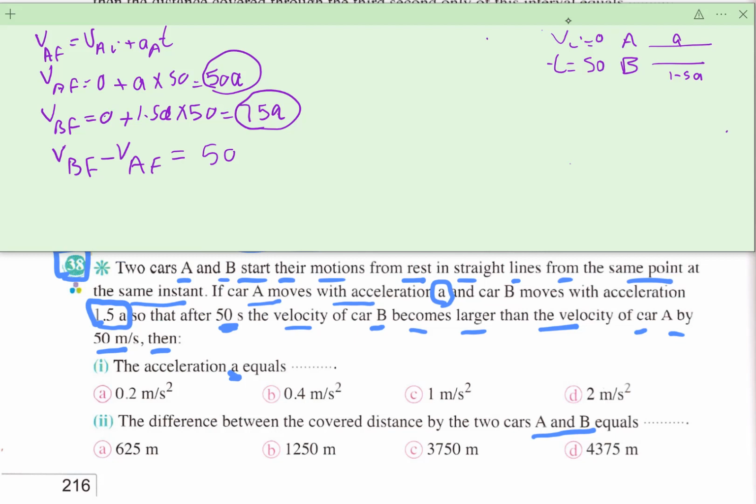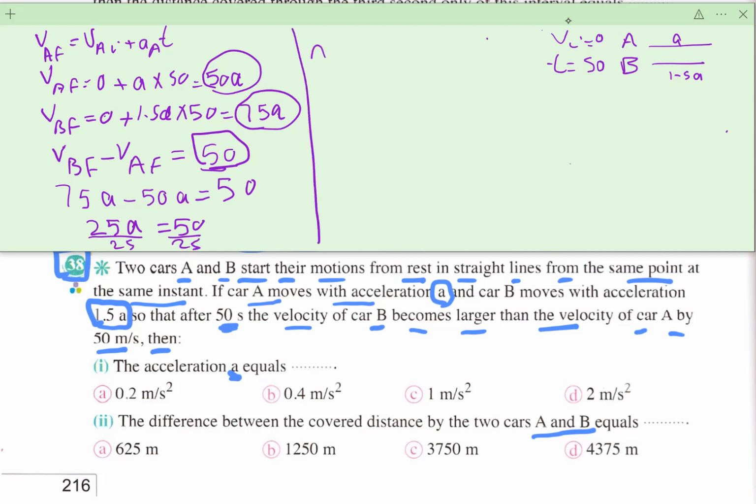So 75A minus 50A equals 50 from here, right? So 25A equals 50. Divide by 25, divide by 25. So we got A equal 2 meters per second square. So the acceleration, as you see, is 2 meters per second square.